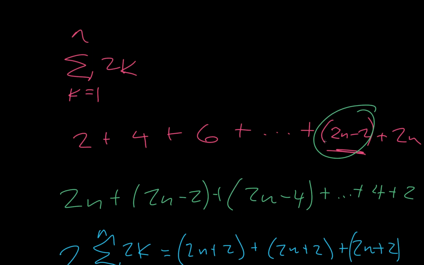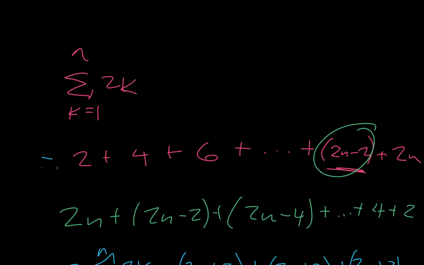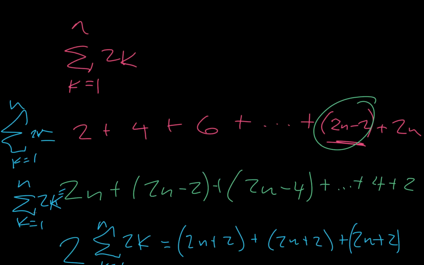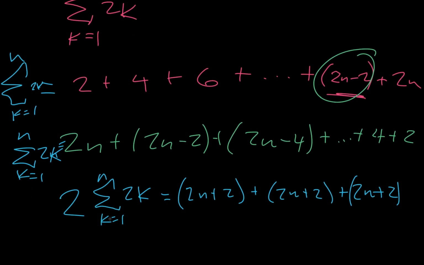So let me just explain this a little bit better. So this is technically equal to, and then this is also equal to the same thing. 2k. So we just added these, so there's 2 of the exact same one. That's why there's a 2 out in front right here.